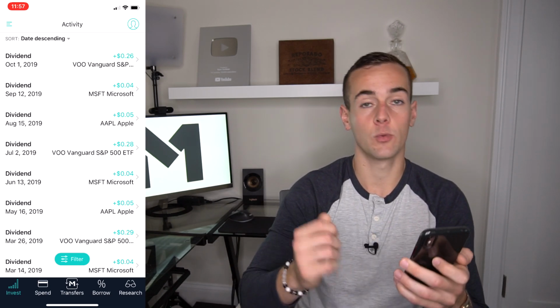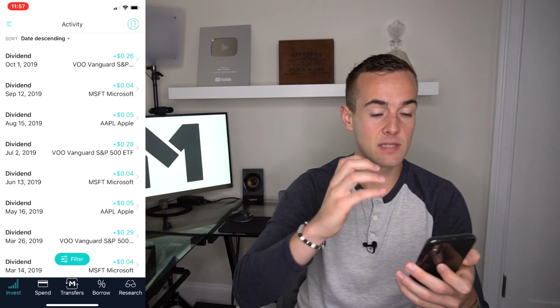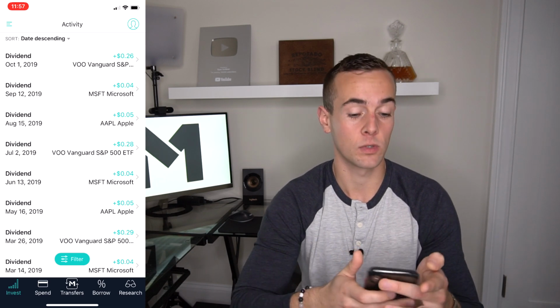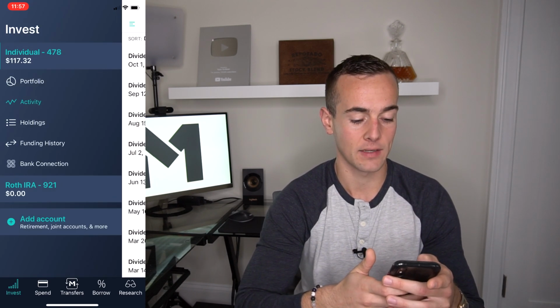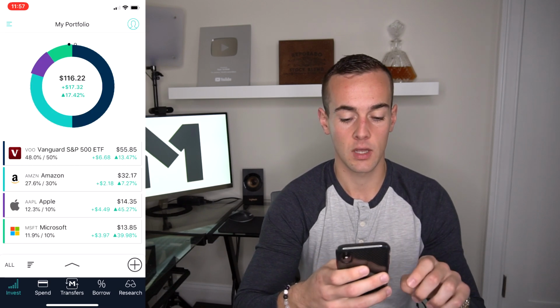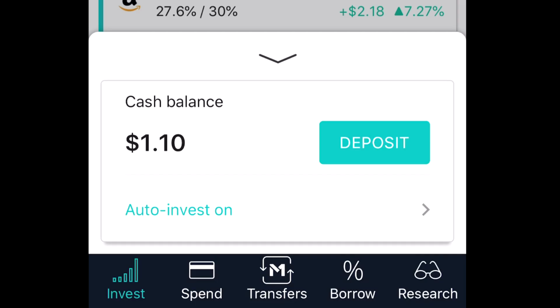Well, what's going to happen with these dividends is that this money is going to go towards your cash balance held within the account, and I'll show you guys what mine is right now. If you go over here on the main portfolio section and you press this up arrow, you can see my cash balance is currently $1.10, and I have auto invest turned on.